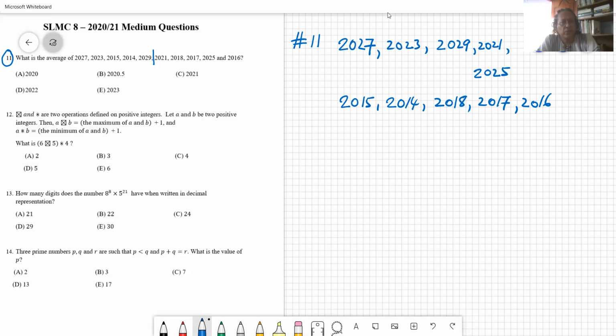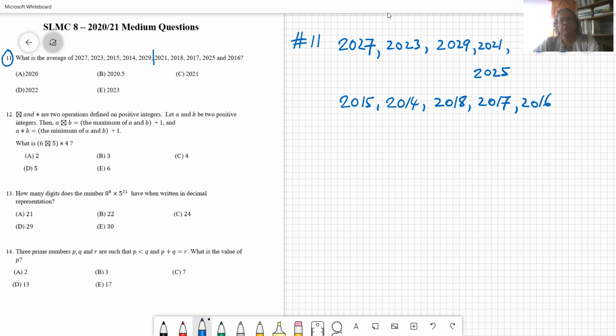So most of the questions have this number in the question. So we could actually sum all these numbers and divide by 10. But you know that this question is posed for you to solve in a different way, an interesting way, a shortcut method.